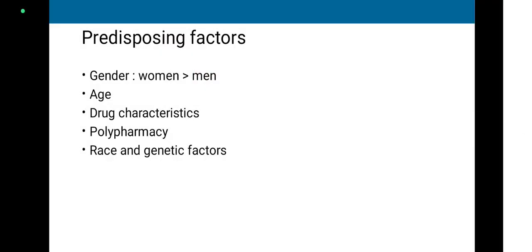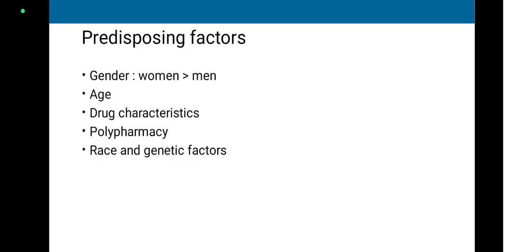There are certain predisposing factors that make patients more prone to ADR. Why do some patients react while others don't? There are several variables. First one, demographics. Women generally report more ADRs than men. Also, age is a major factor. Another factor is the clinical picture of the patient, polypharmacy.